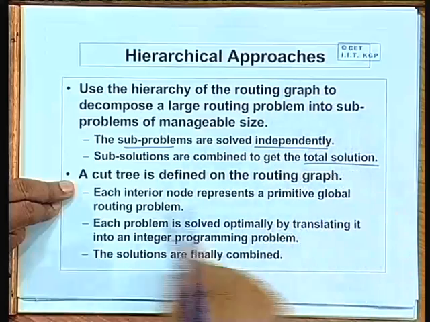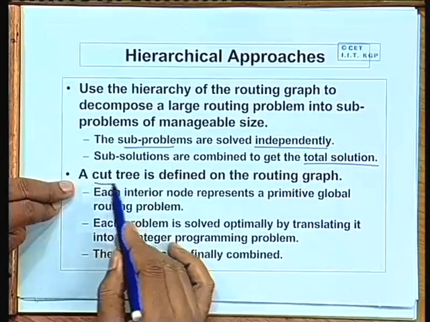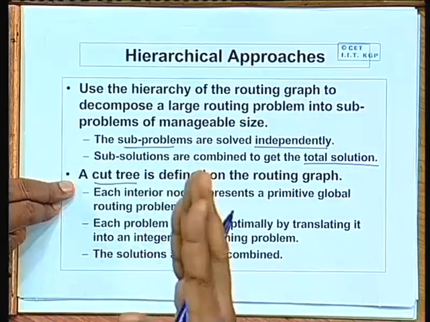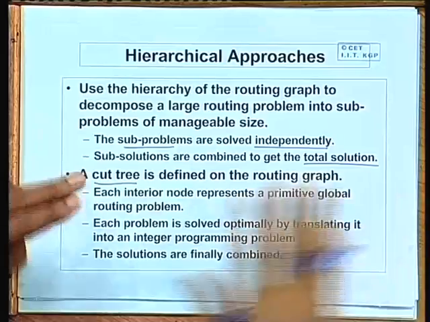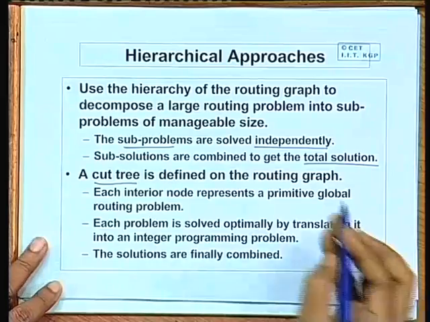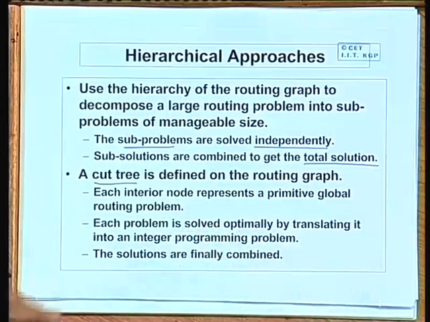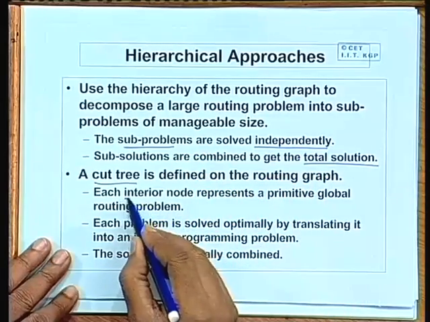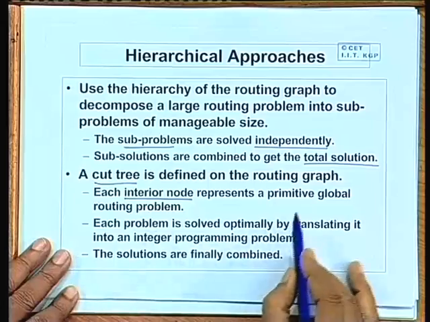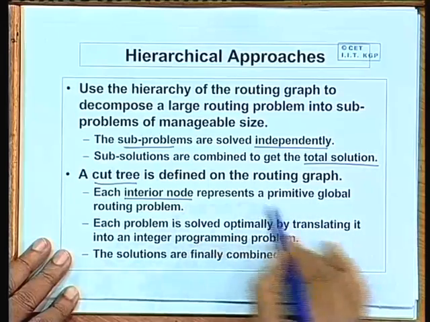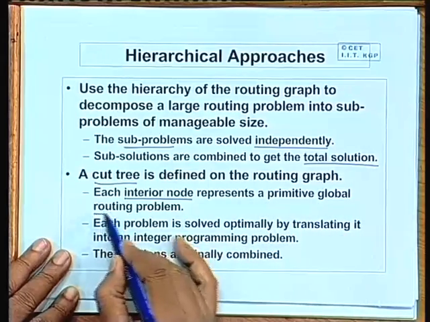So on the overall routing area you define some kind of a cut tree which partitions the total routing area into several parts, and using the cut tree, you can define some internal nodes in the tree. So each internal node of the tree will represent a simpler routing problem.